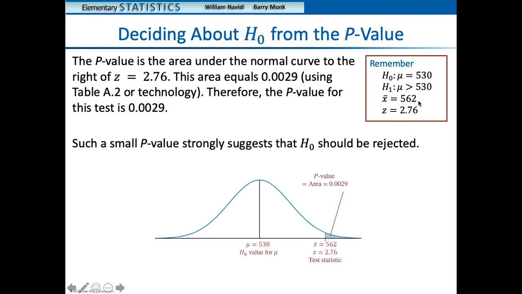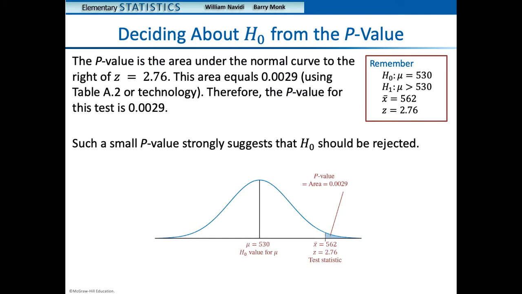This was set up as a right-tail test because the alternate hypothesis used a greater than symbol. And the p-value then is the area in the right tail of the normal curve, right? If we were doing a left-tail test, then the p-value would be the area to the left of the z-score, or the area to the left of the test statistic.